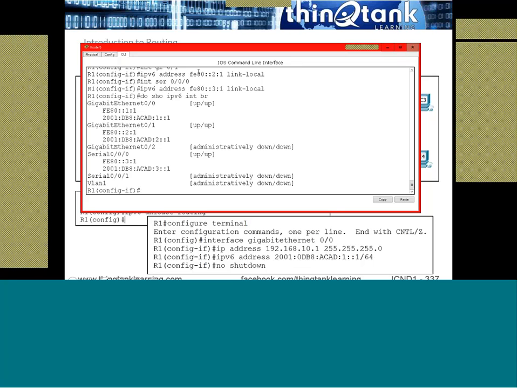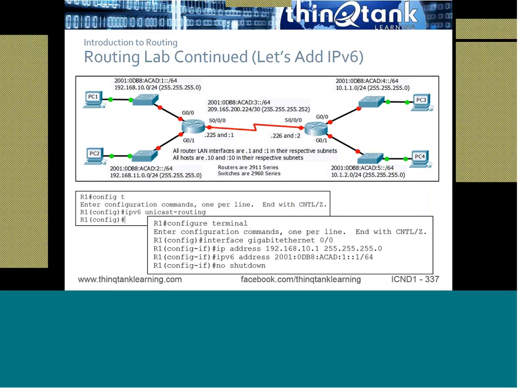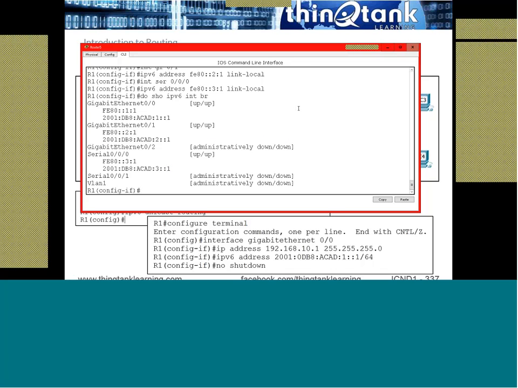Clean is better. So we've got our network set up. I'm not going to change the link local addresses here, and you guys don't have to change the link local addresses either. I wanted to just demonstrate that that was a possibility if you're configuring an IPv6 network.